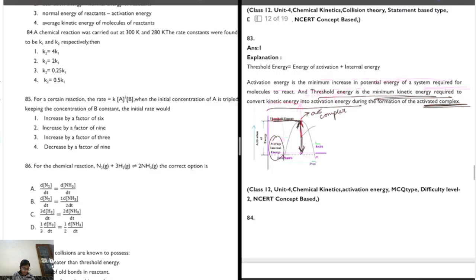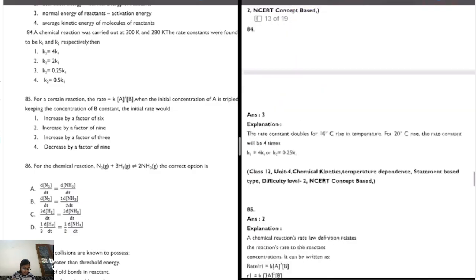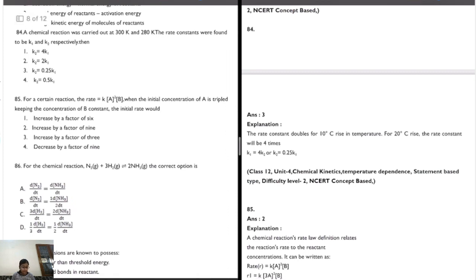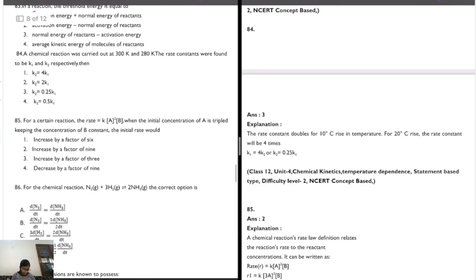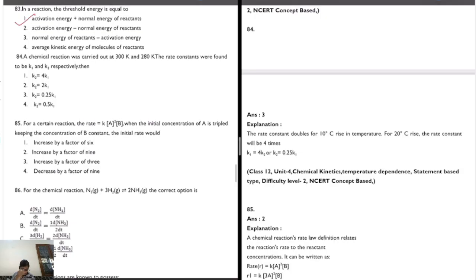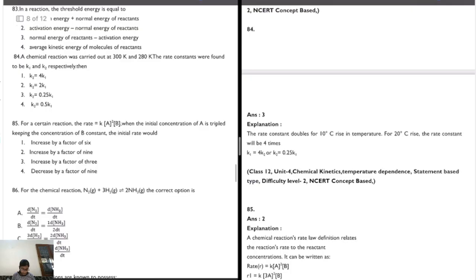In the next question, a chemical reaction was carried out at 300 Kelvin and 280 Kelvin. The rate constants were found to be K1 and K2. I guess this question is incomplete.